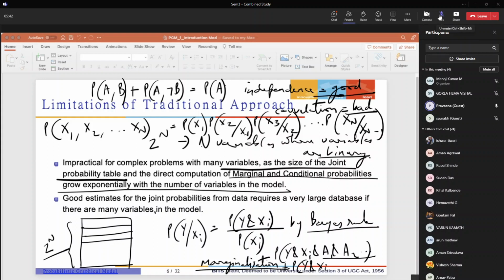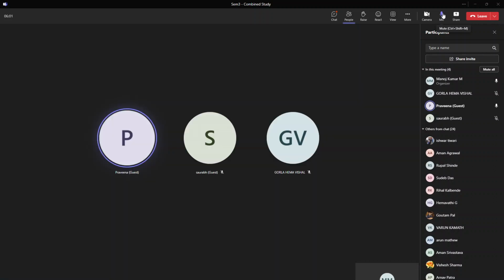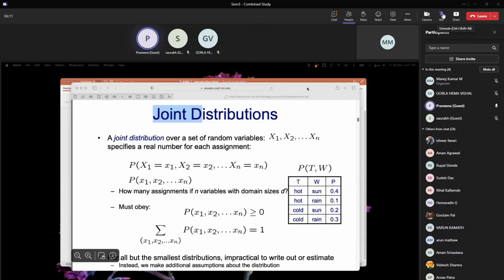This is not simple, no, otherwise we can continue, I think. Okay, I did share my desktop. I think I shared my particular slide with them, right? Let me just share my desktop. Where is the screen? Yes, okay, now this is better.